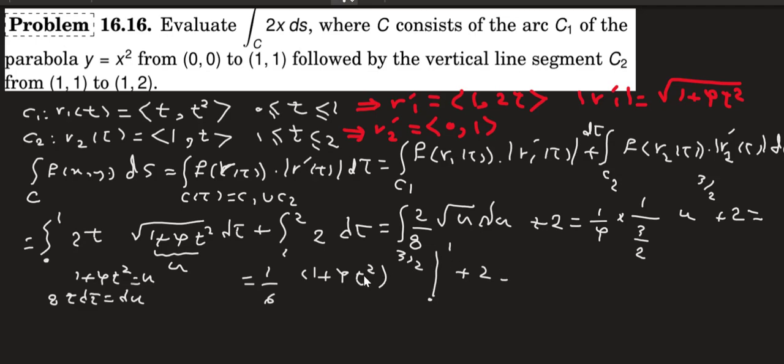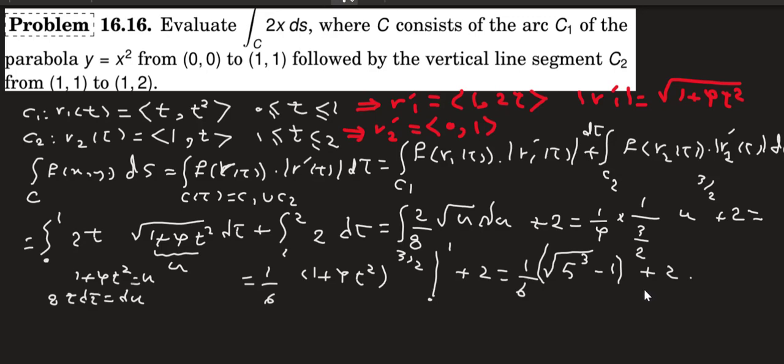If we put 1, we will get 5 here, 1 over 6, 5 to the power 3 over 2, which I write as a radical. And if I put 0 instead of t, I will get 1 minus 1 plus 2. So here we can get this answer by hand.